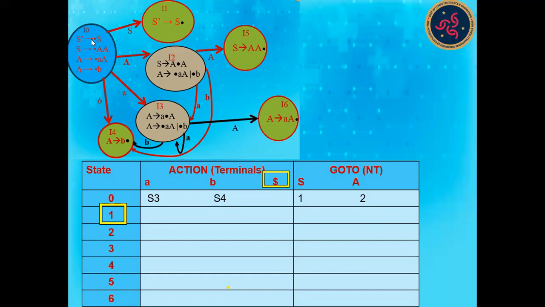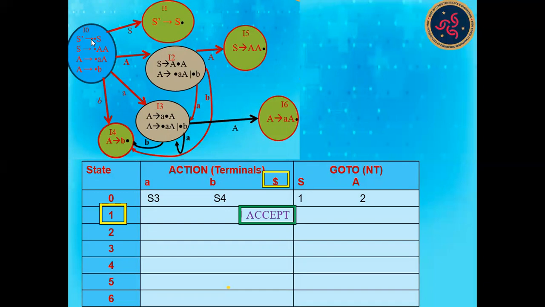Here we have, if we have read a dollar symbol at the terminals. At the state 1, if we have read a dollar symbol, that means that we have accepted that string. So here for the state 1, that is the state which contains the start symbol. This means that we have scanned all symbols, right?